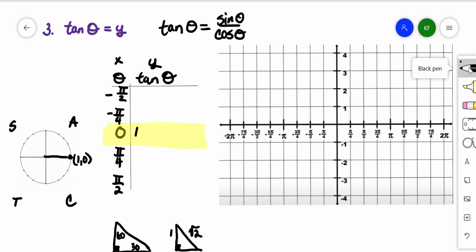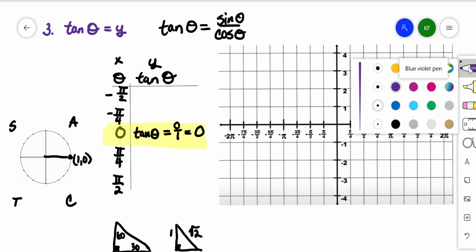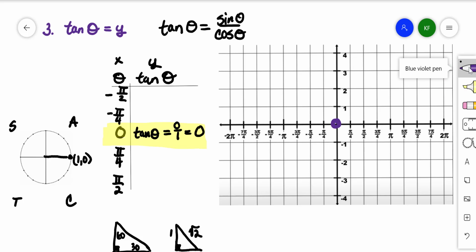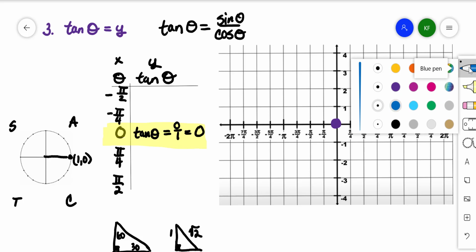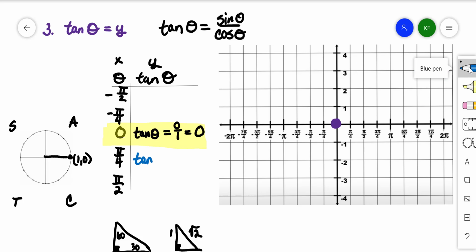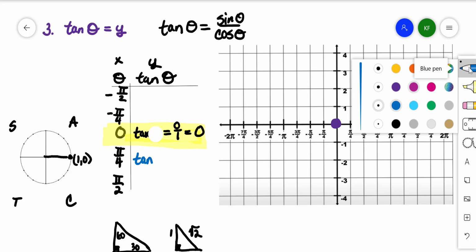And the ratio is sine, which is 0, over cosine, which is 1, so that value is 0. So I'm going to come over to my nice, pretty clean graph, and I'm going to put a value at 0. Now I'm going to go in the positive direction, just because I think our minds work better with the positive direction. This should be 0 in here. Sorry about that.